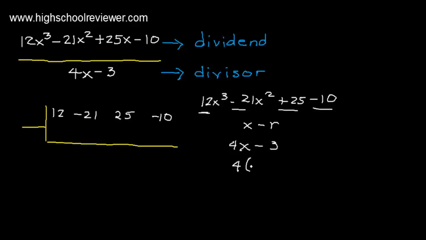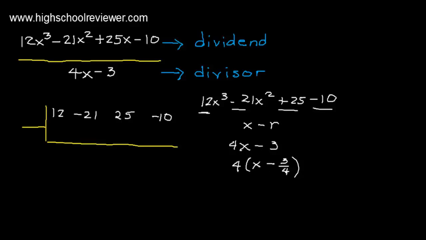So 4 and then open parenthesis x, and then minus 3 over 4. Now, why negative 3 over 4? Since 4 multiplied by negative 3 over 4 is equal to negative 3. So this is still equal to 4x minus 3.